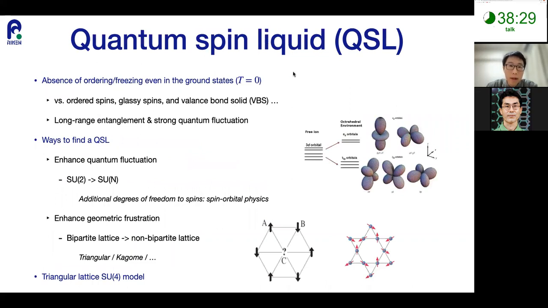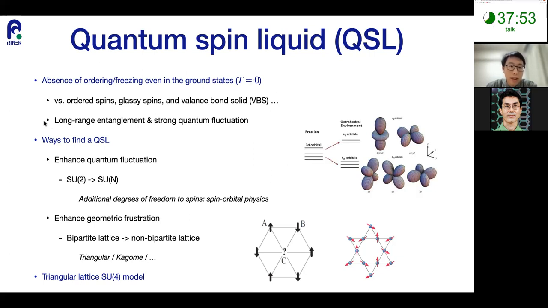The quantum spin liquid is an interesting quantum phase of matter, where the dominant physical degree of freedom, the quantum spins, refuse to form ordering, or freeze into some random pattern like a glassy state, or become something called a valence-bond solid state, which breaks the translational symmetry, even in the ground state at zero temperature.